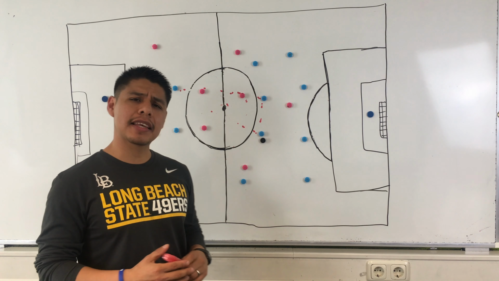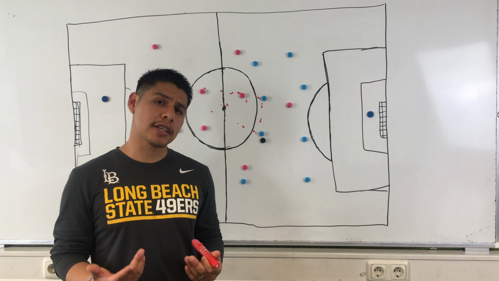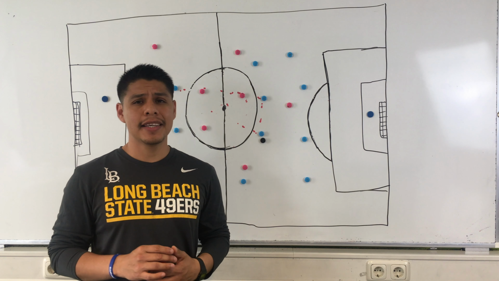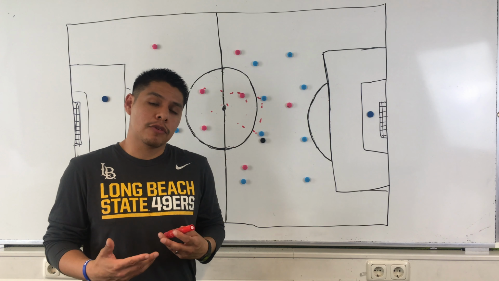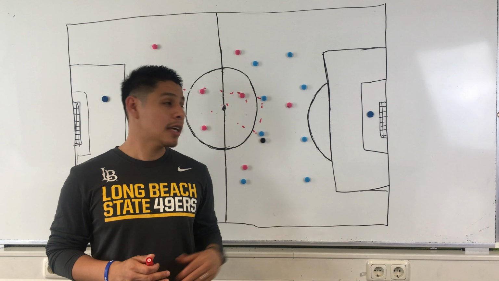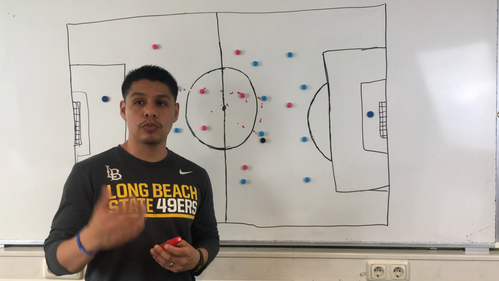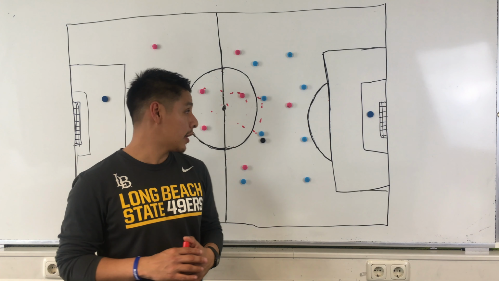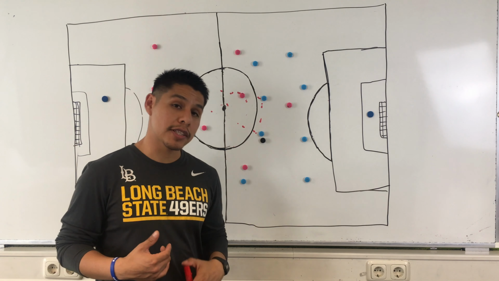That's something you need to consider as a coach: if you have some playmakers in your team, then this might not be the best formation for your team, right? It just depends on how you transition on attack.